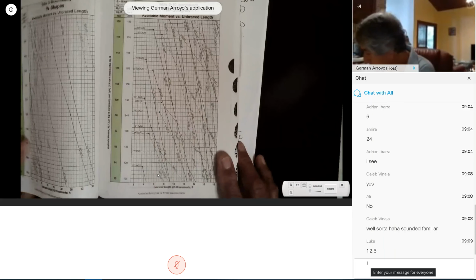Luke is saying that whenever we check this with different Fy, the W12 by 58 is the... Look, you have to be careful because these tables are for Fy equal to 50. So Fy has to be equal to 50. And if you look at the three equations that we have, remember, this is for Fy equal to 50.